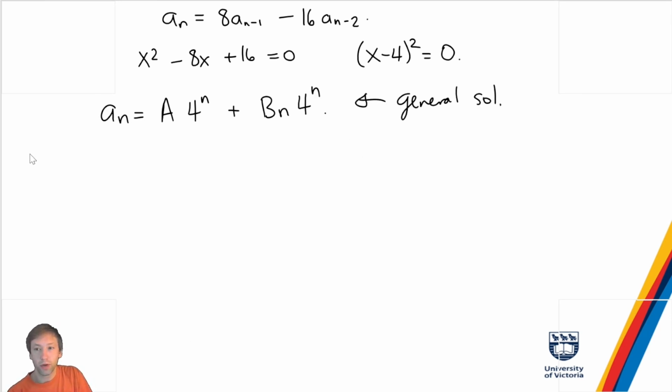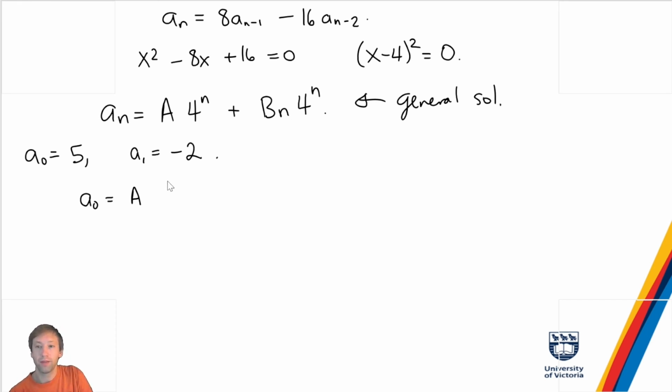Now suppose we're given the information that a0 is, let's say, 5 and a1 is negative 2, and we want to find the particular solution subject to these initial conditions. Again, like usual, you just plug in a0, which is going to be a times 4 to the 0, which is just a, plus b times 0 times 4 to the 0, which is 0.